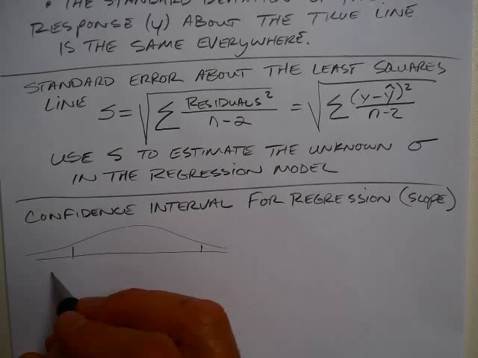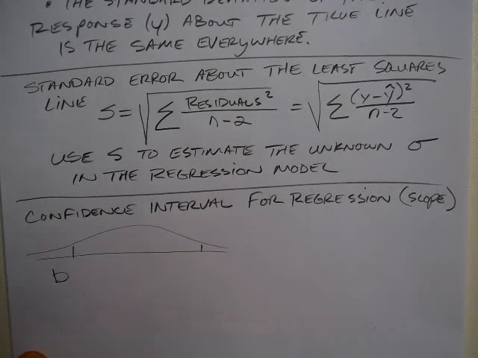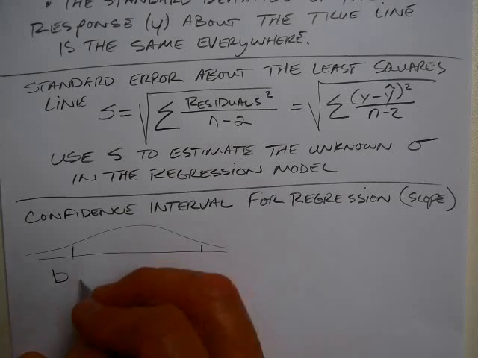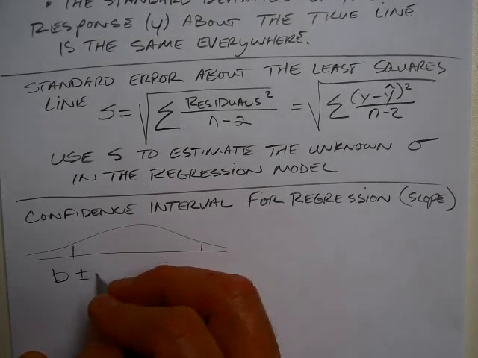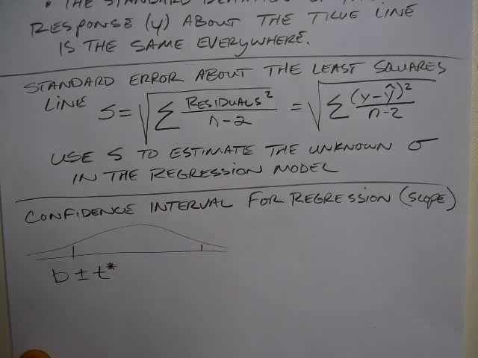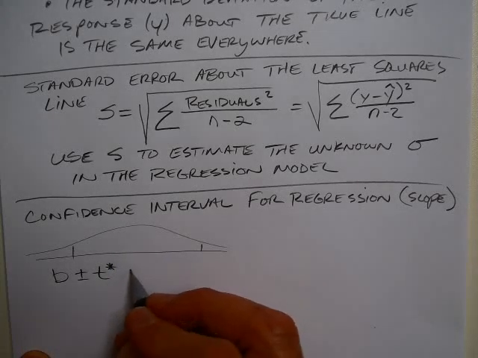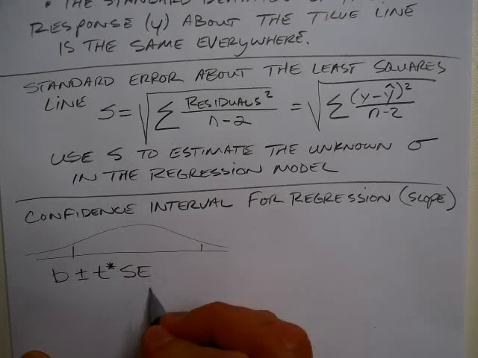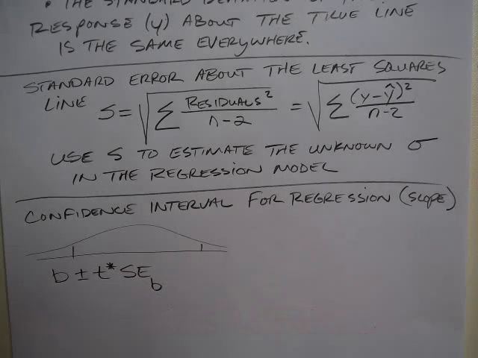And the calculation for that is b, the slope of the line of regression, plus or minus t star times the standard error of b, which is the standard error of the slope.